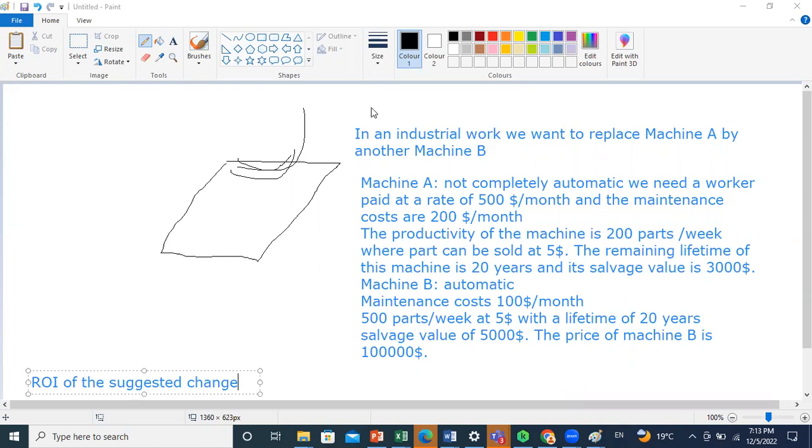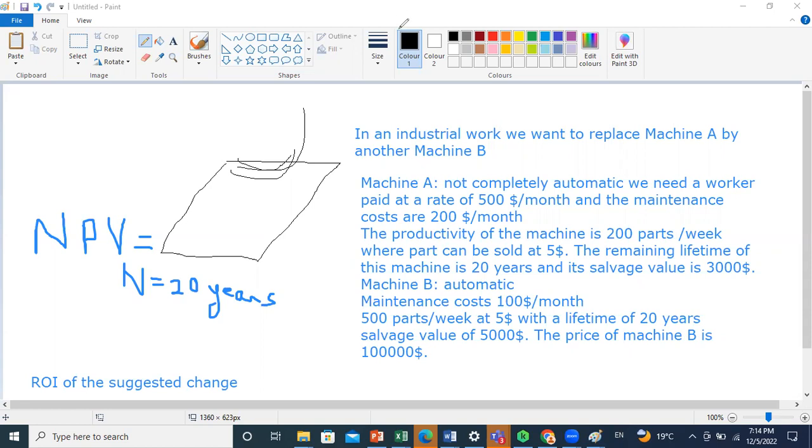Net present value at the end of lifetime, which is here 20 years. We should calculate the net present value of this system at the end of lifetime.